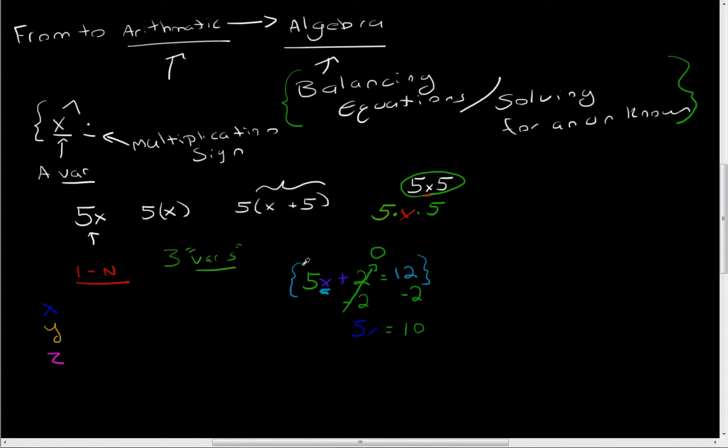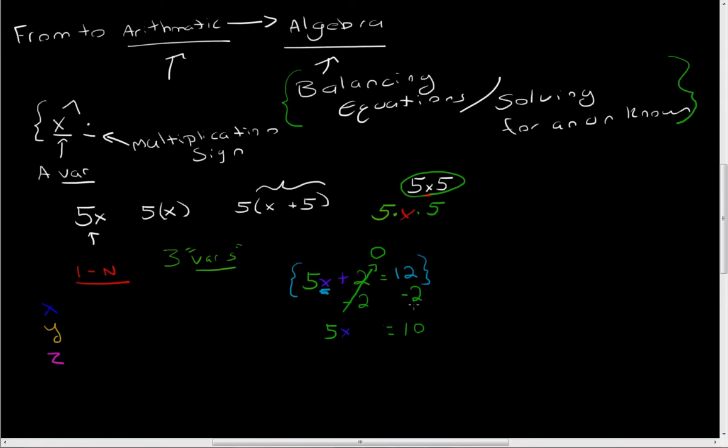Actually, I'll rewrite that in green for our constants, 5x. I'll talk about order of operations later on, but notice how when I took 2 from this side, these 2s canceled out, getting us a 0, which leaves this empty space, which is fine.